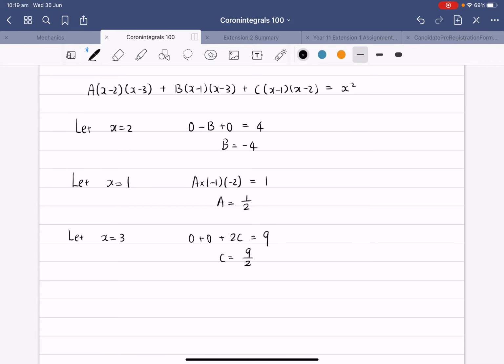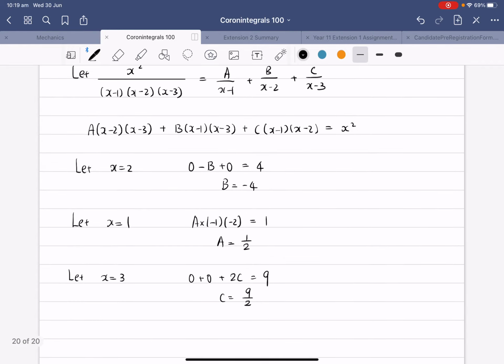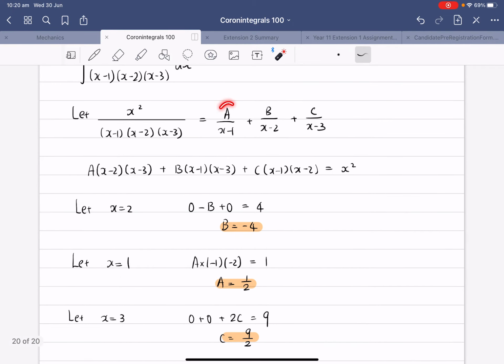Once we have a, b, and c, it should be quite straightforward to do the question. We substitute a, b, and c into the partial fractions, and then integrate term by term.